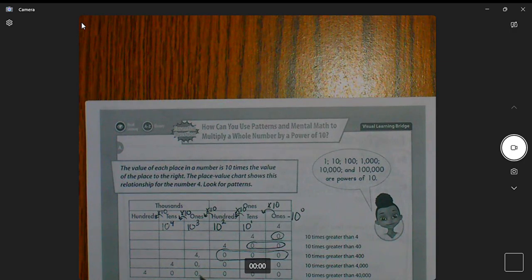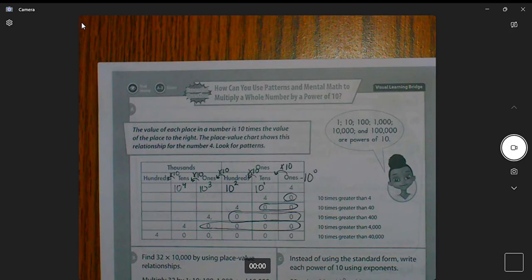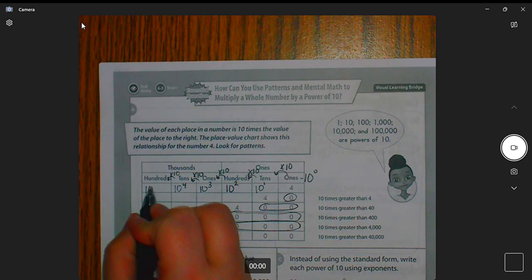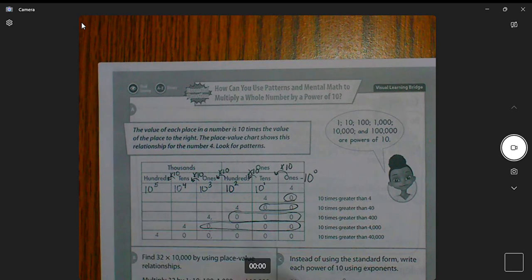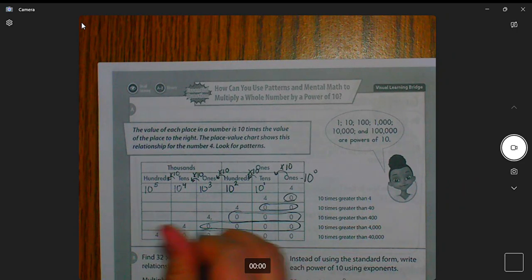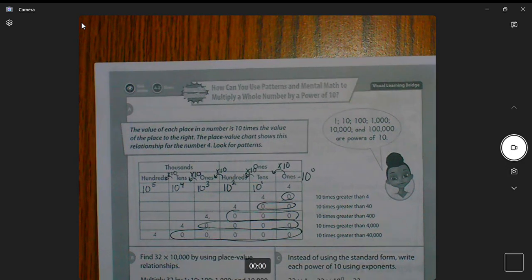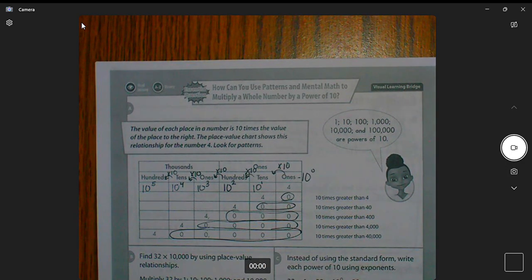Because again, 1, 2, 3, 4, I have 4 10s in use. And then the last one on my chart is 100,000s, which is 10 to the, right, 10 to the fifth. Because again, I have 1, 2, 3, 4, 5 10s in use. I can't just say because I have 5 zeros, because that's not always going to be the case. I have to say I have 5 10s in use.